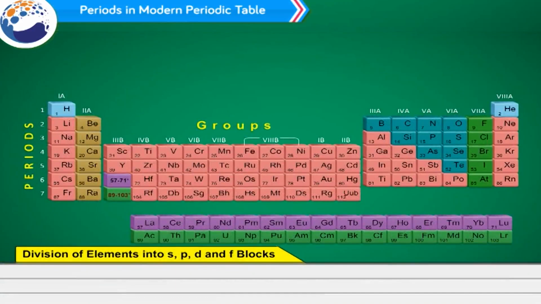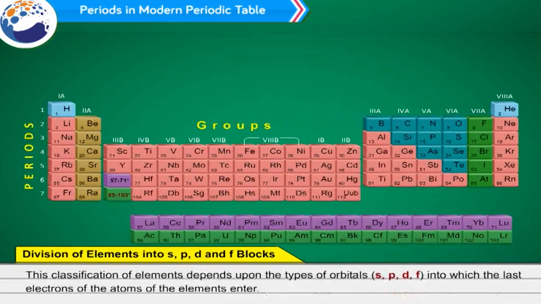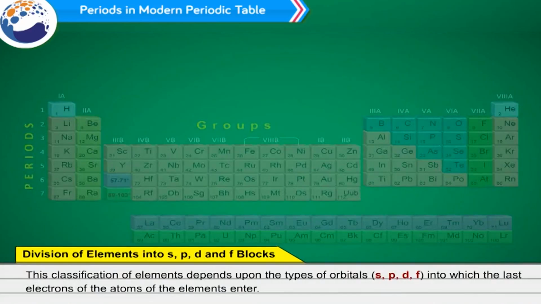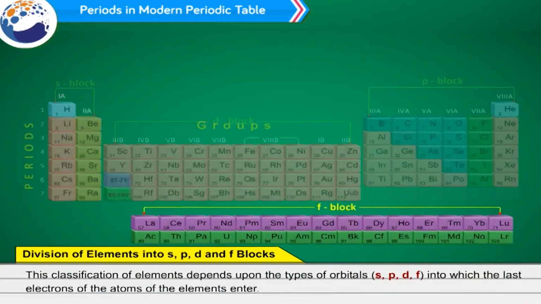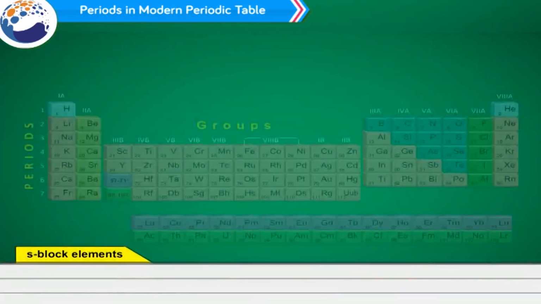Division of elements into s, p, d and f blocks. This classification of elements depends upon the types of orbitals, that is s, p, d or f, into which the last electrons of the atoms of the elements enter. S block elements.